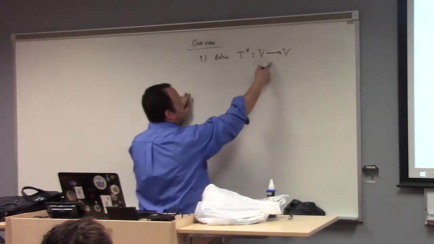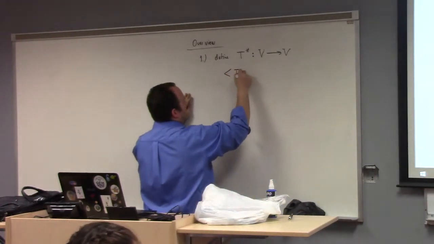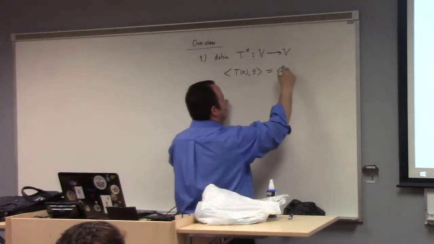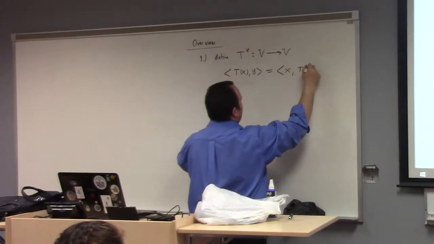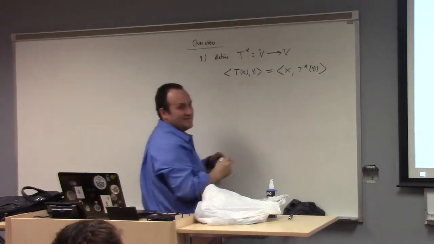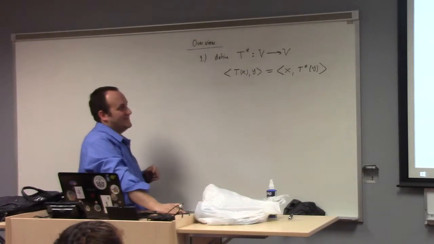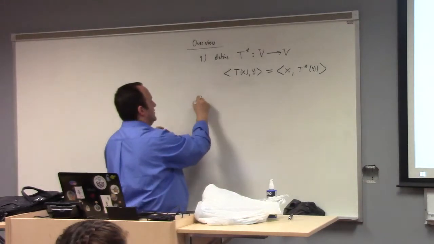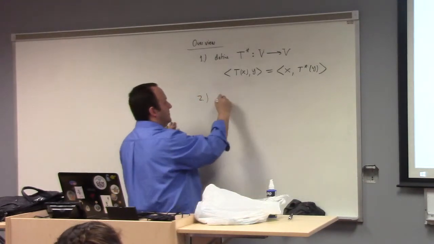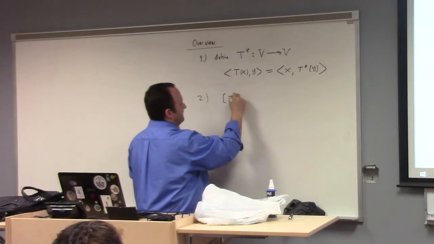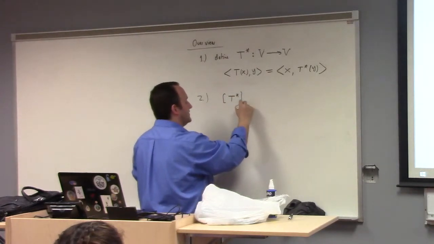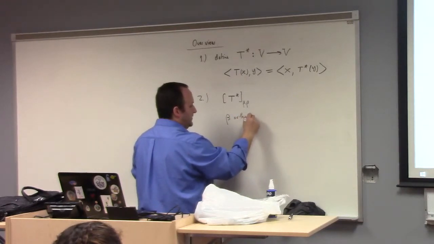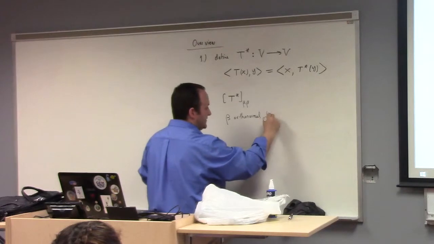One of the major properties of this adjoint is that the inner product of T of x with y equals the inner product of x with the adjoint of y. Pretty cool, right? When you get into it, the matrix of the adjoint with respect to an orthonormal basis, and everything interesting in this section is for an orthonormal basis.